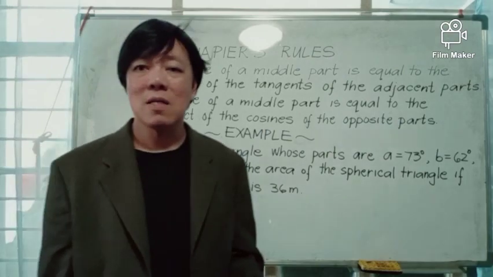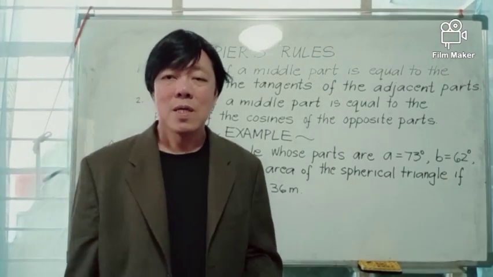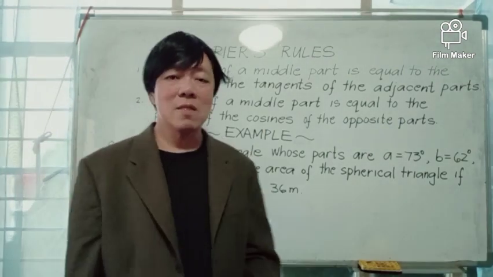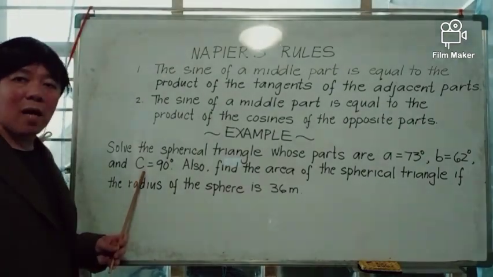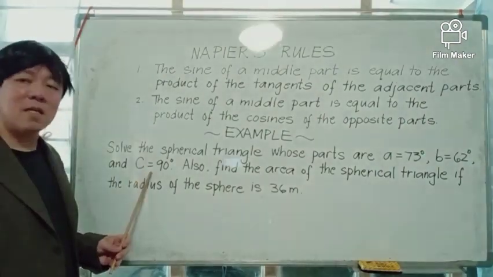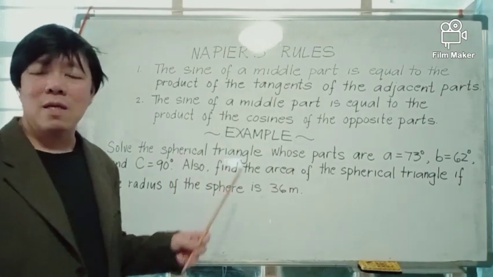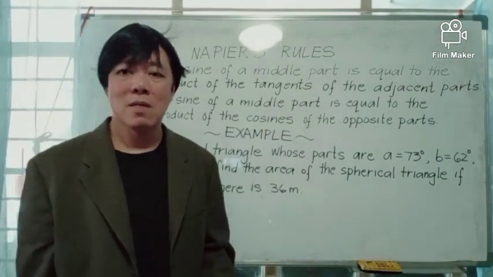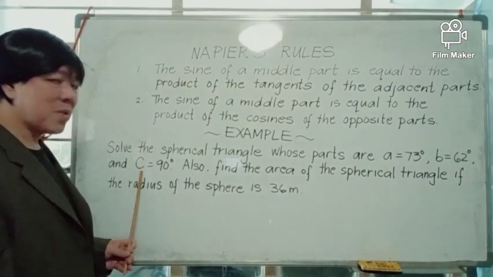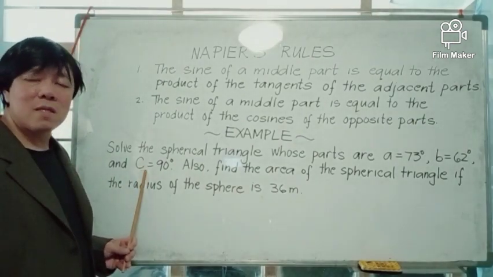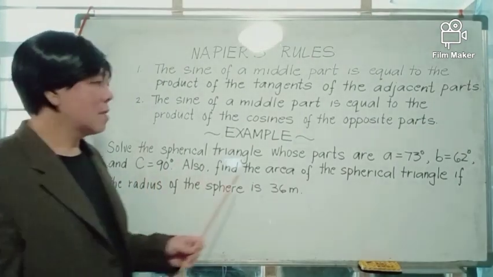Since one of the angles is equal to 90 degrees, specifically angle C is a right angle, the given spherical triangle is a right spherical triangle. One of the surface angles, capital C, is a right angle.